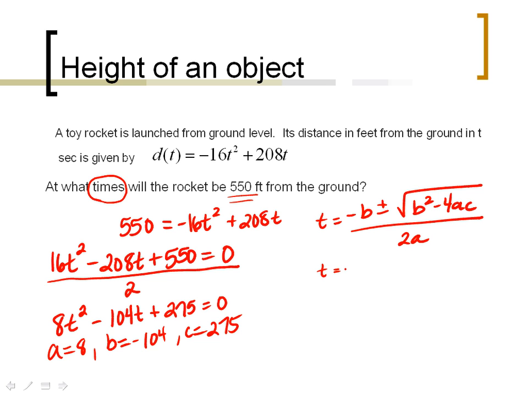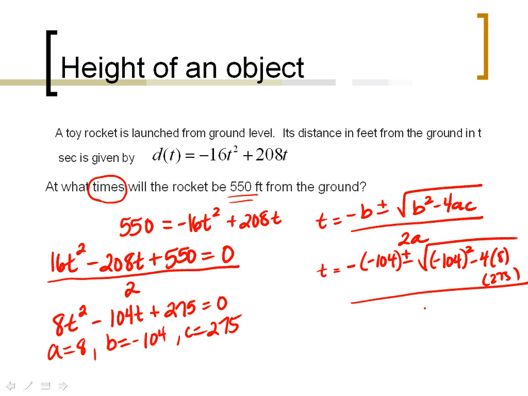So we get t is equal to the opposite of negative 104 plus or minus the square root of negative 104 squared minus 4 times 8 times 275, and that is all over 2 times 8.